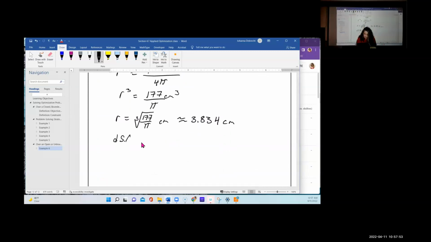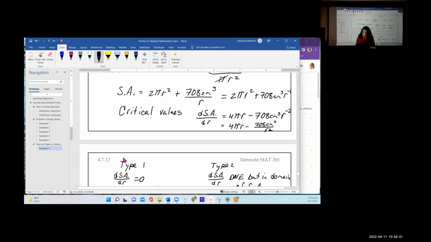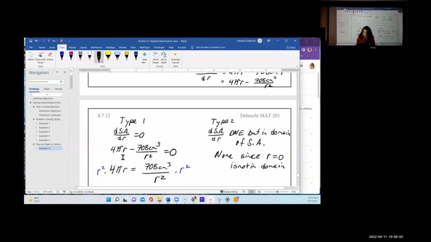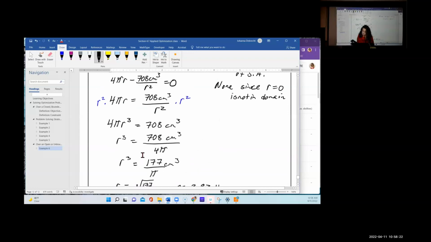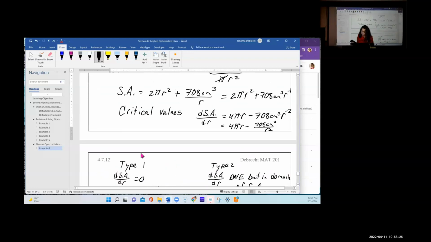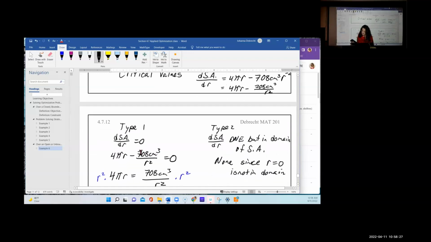So the derivative of surface area with respect to R was, scrolling back up, 4 pi R minus 708 centimeters cubed R to the negative 2. Let's check. I can't remember if that's what it was. Yeah, that's correct. Yeah, that was it.